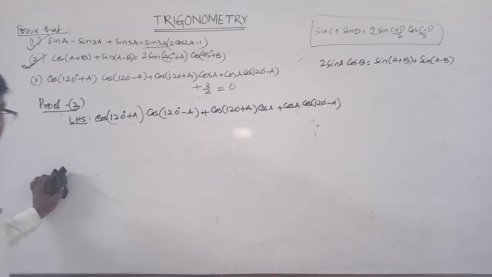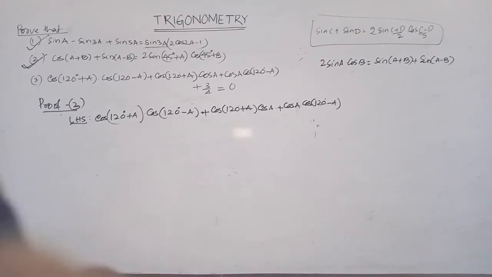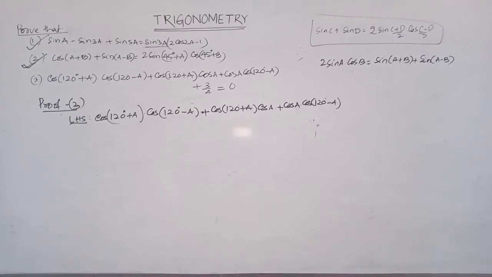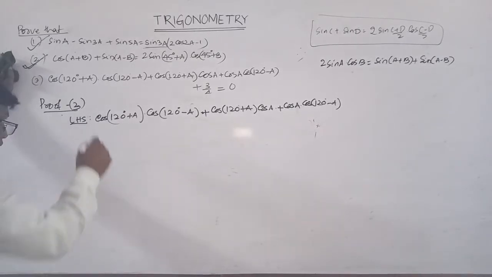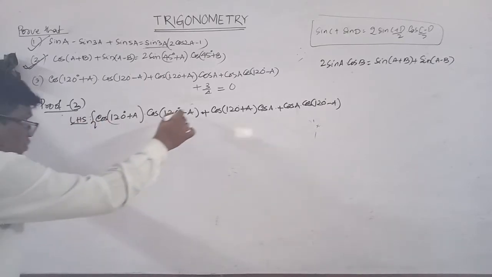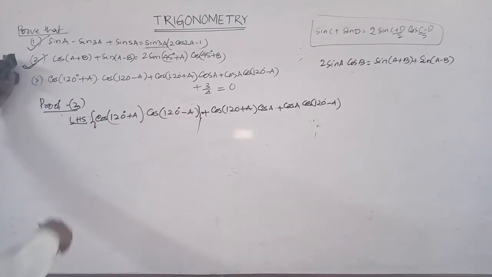So that is the left hand side. Apply cos(A+B) into cos(A−B) here.